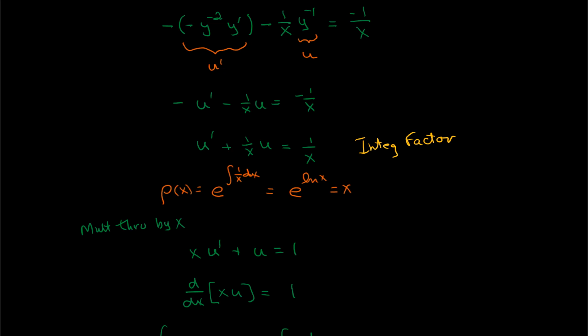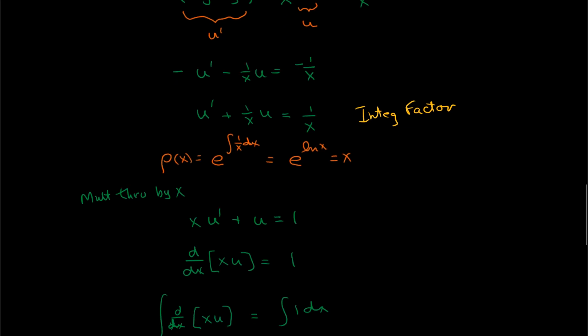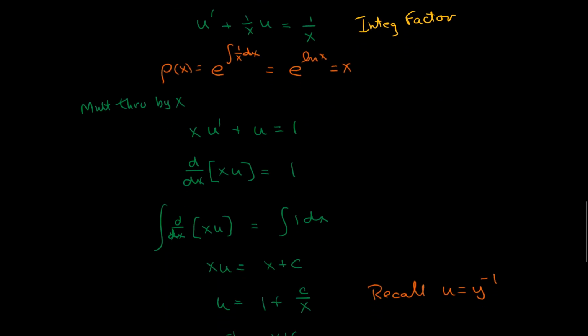We have negative u prime minus 1 over x u equals -1 over x. Multiply all the way through by a -1, and it gives us the equation that I'm moving to the top of the screen right there. Linear first order, can solve this using an integration factor. What we need to do is first determine what that factor is going to be. What's its value of r or rho, depending on what book or person you're listening to.